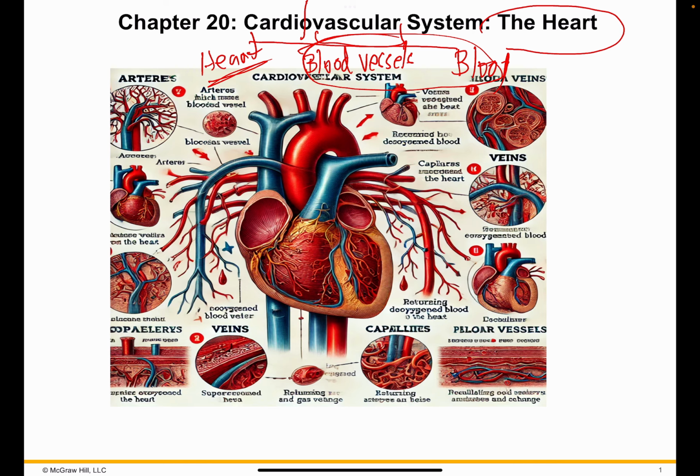Throughout a lifetime, the heart pumps millions of gallons of blood. That is the reason it is one of the hardest working organs in the human body. So we're going to see the structure.